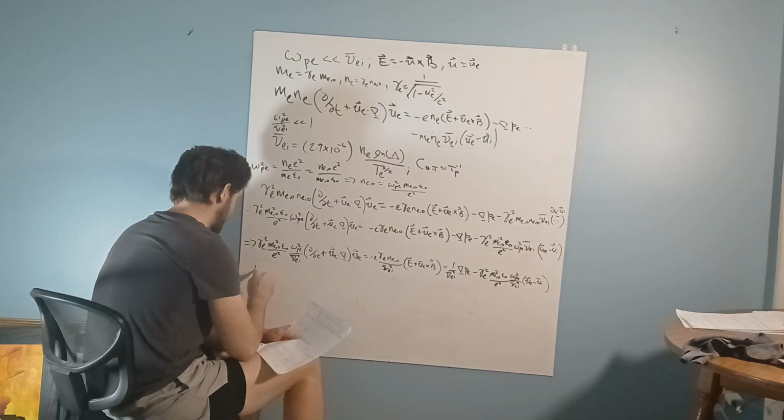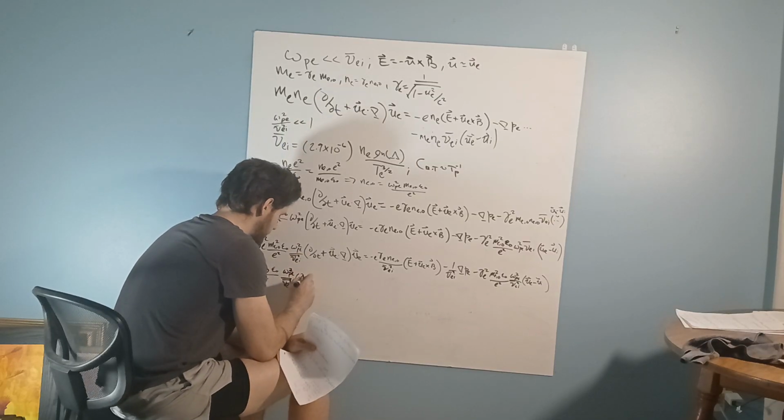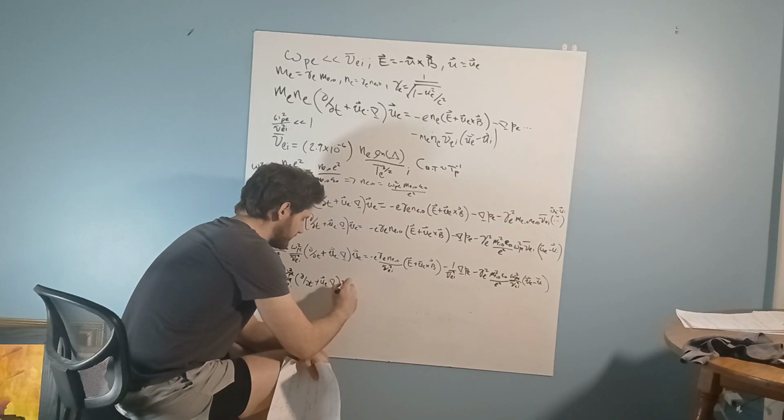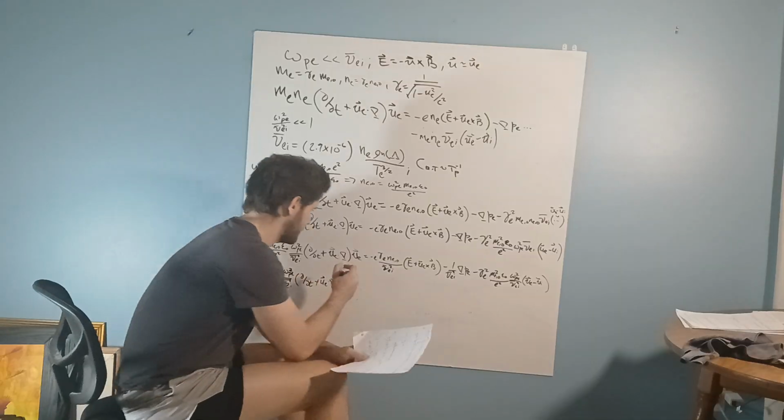Divide out a gamma e squared. And we're retaining the inertial forces still, even though they disappear in the Z-pinch ansatz.